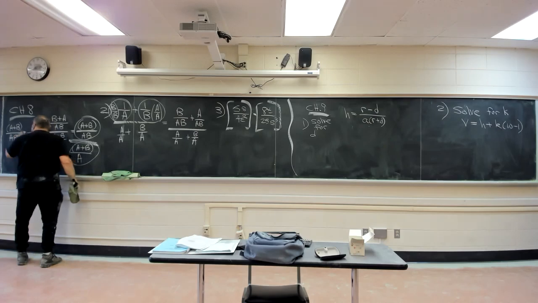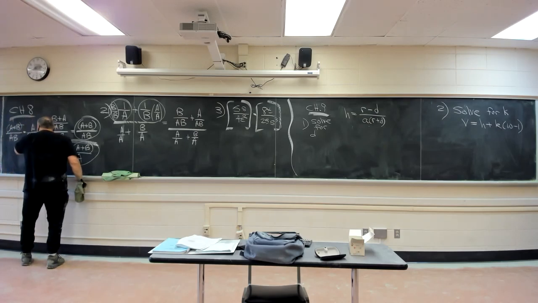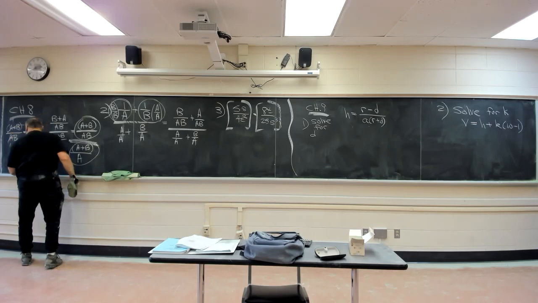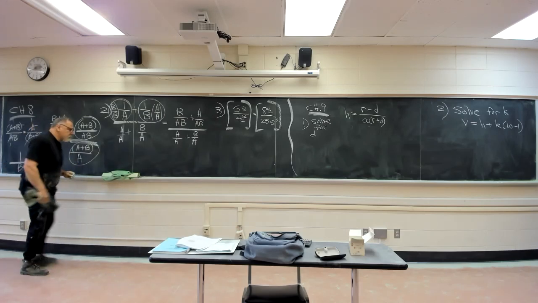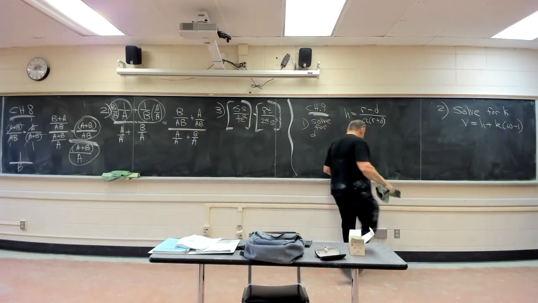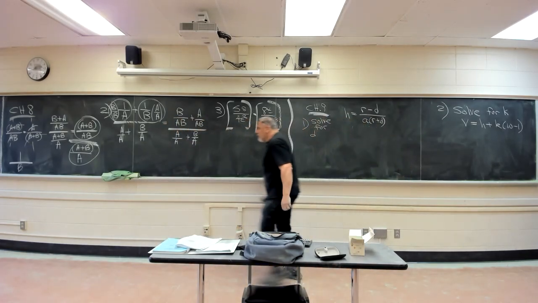That entire quantity and that entire quantity cancel. The a goes into here. 1 times 1 is 1. 1 times b times 1 is b. And that's that.